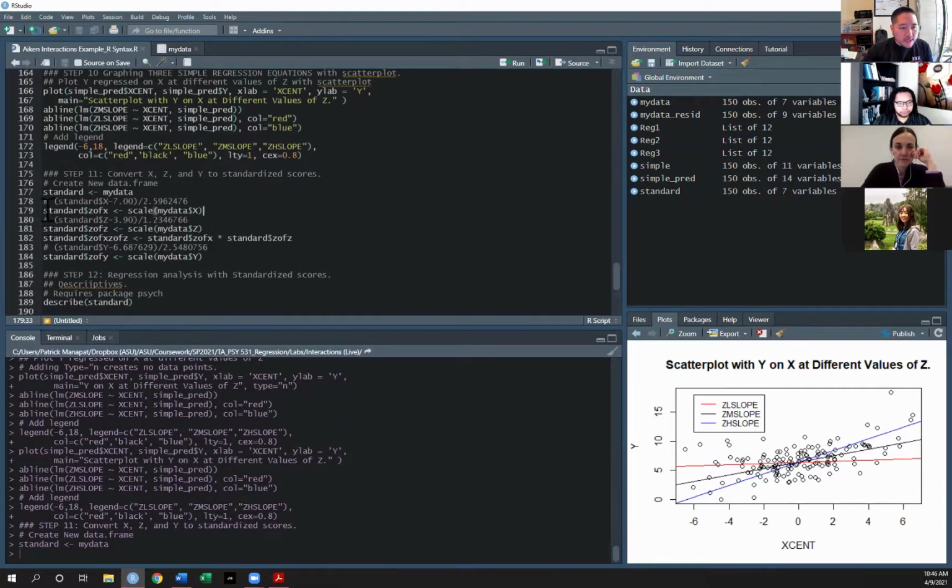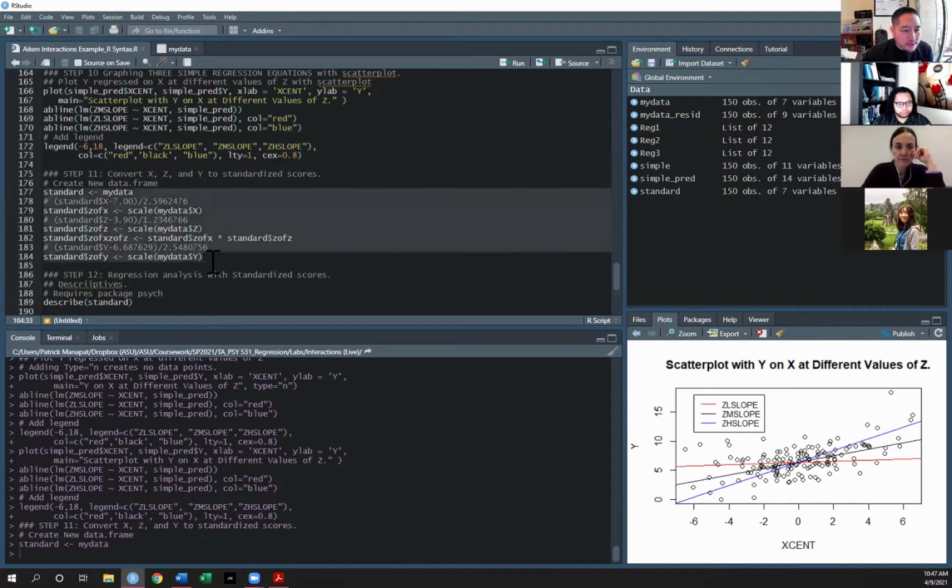I'm going to standardize the original z variable, call it z of z. Then I'm going to multiply those two standardized variables, z of x and z of z, to get the interaction, which is confusingly named z of x, z of z. And then I'm also going to standardize the original y variable to get z of y.